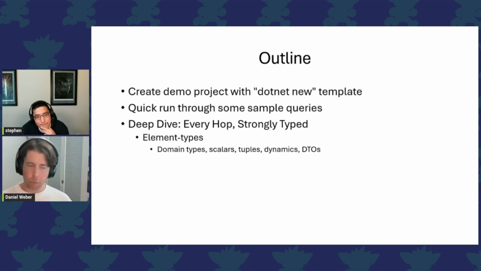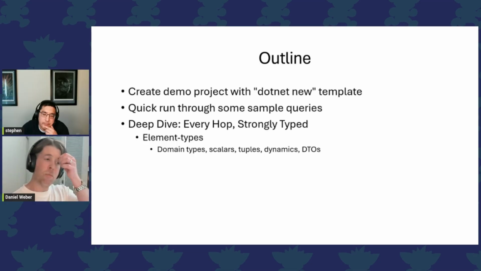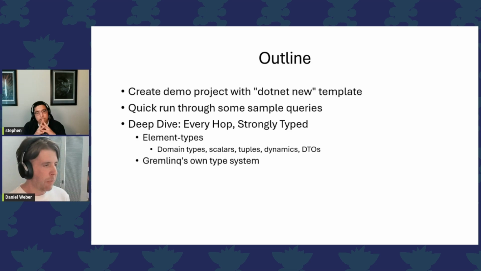There are tuples. Whenever you do a projection, you can project to tuples. You can also project to C# dynamics. And there is your data transfer object, something that you would create on the fly, something that only your code knows about, something that is not a domain object, something that nobody else has to know about. You can reason about and use those in Gremlinq as well.